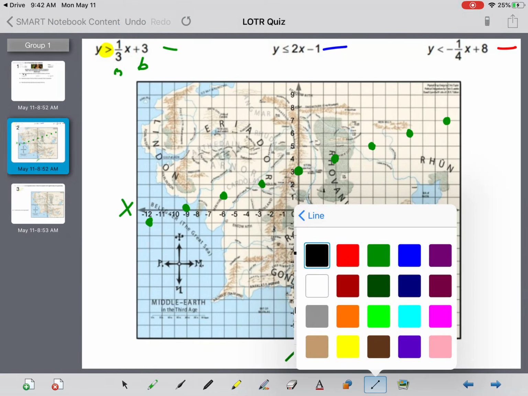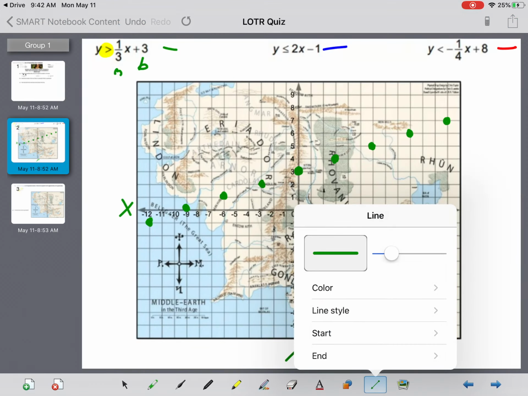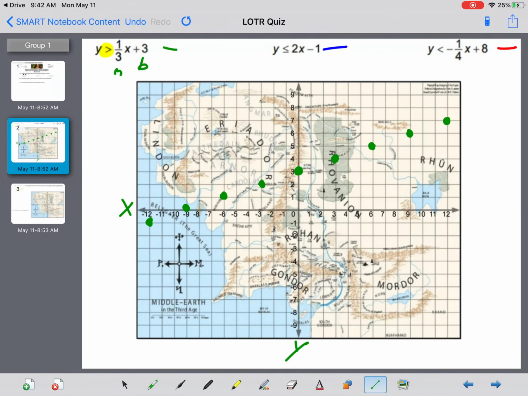The greater than symbol right here means we are going to use a dashed line. And there it is.